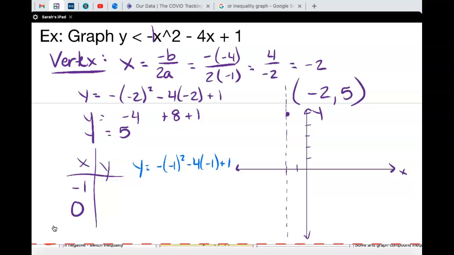Order of operations. So the first one is 4.